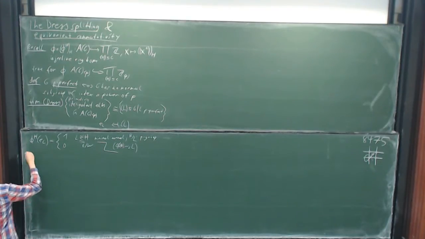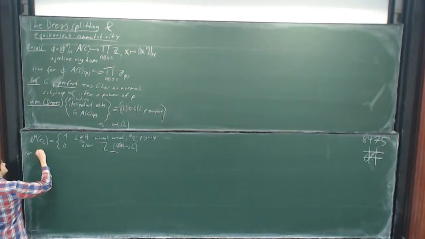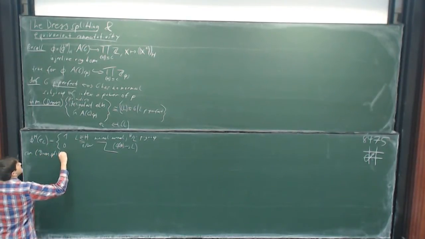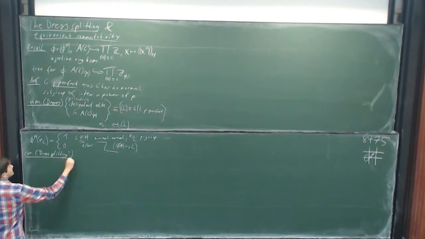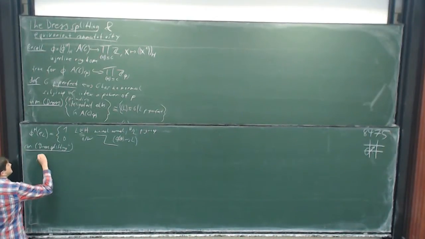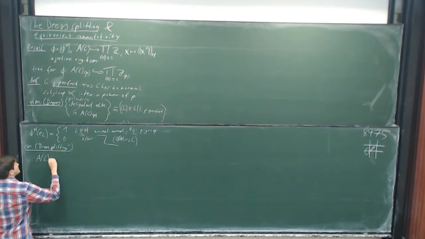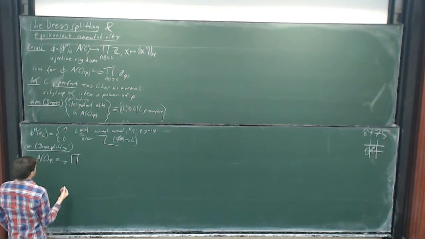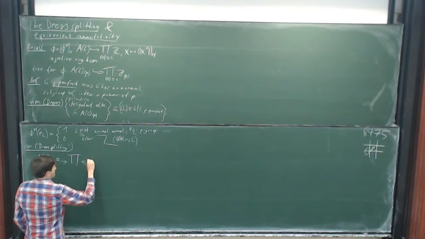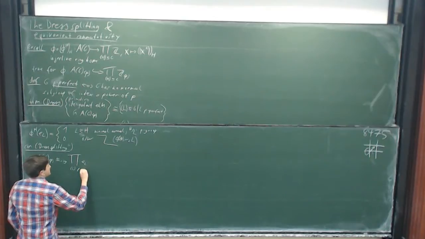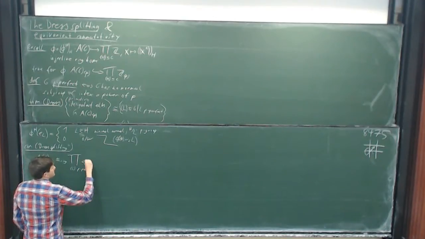So this will give us what I like to call the Dress splitting. So what does it say? Okay, so we know the idempotent elements in A(G)_(p), and this will give us a splitting of rings. So A(G)_(p) as a ring is the same as a product of submodules generated by e_L, where L runs over all the p-perfect subgroups.